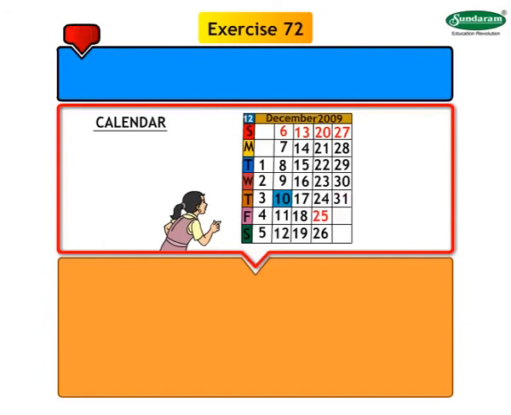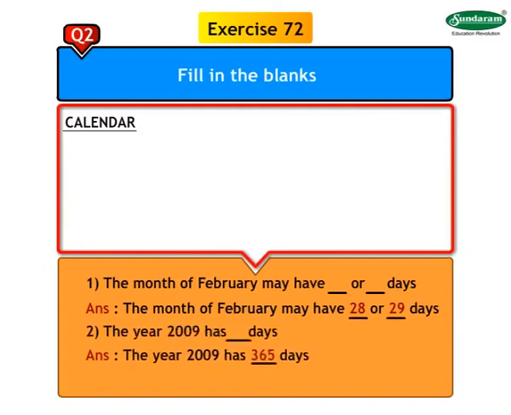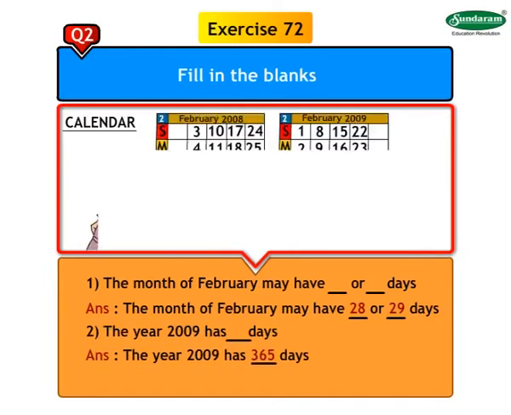Let us now solve the second question of this exercise, which is fill in the blanks. 1. The month of February may have 28 or 29 days. 2. The year 2009 has 365 days.